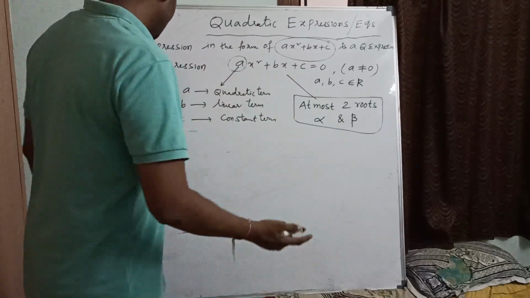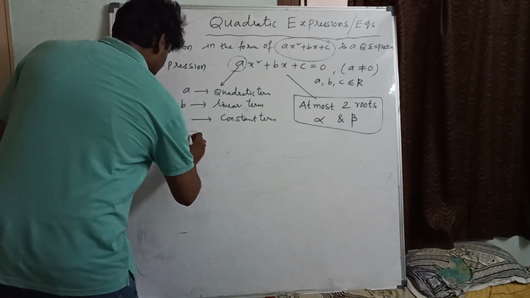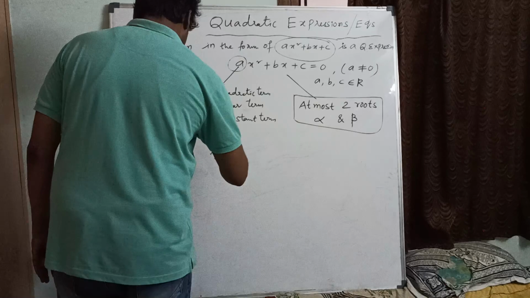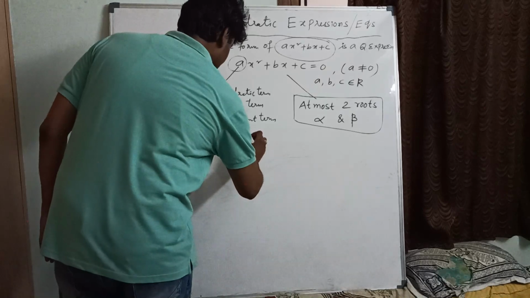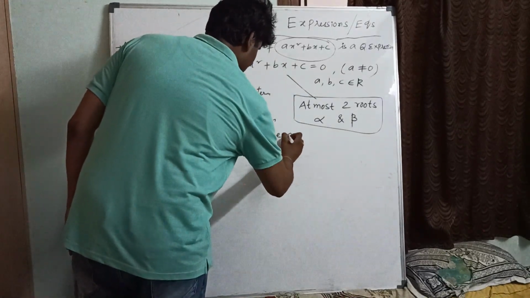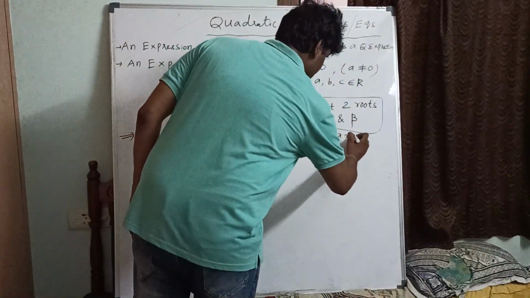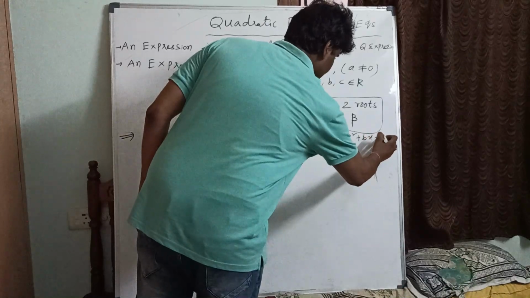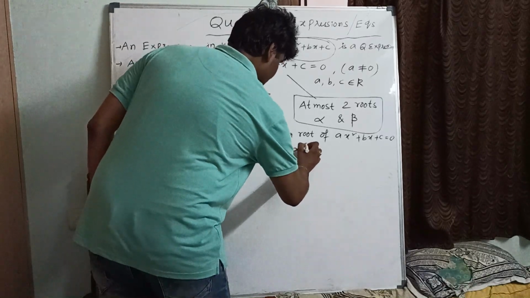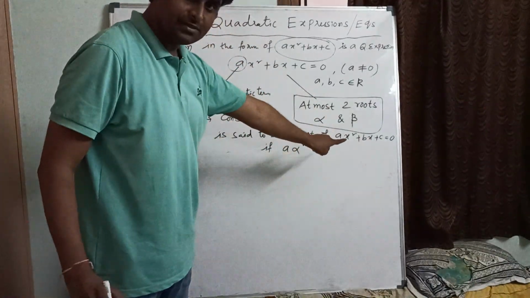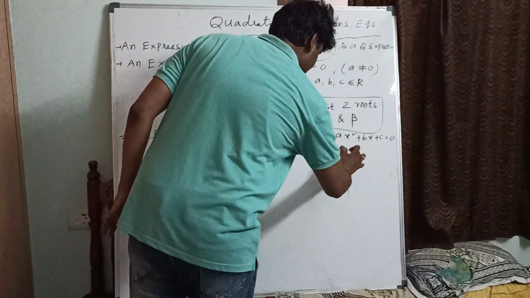For example, x equal to alpha is said to be a root, or solution, of ax square plus bx plus c equal to 0, if alpha satisfies that equation. So a alpha square plus b alpha plus c equal to 0.